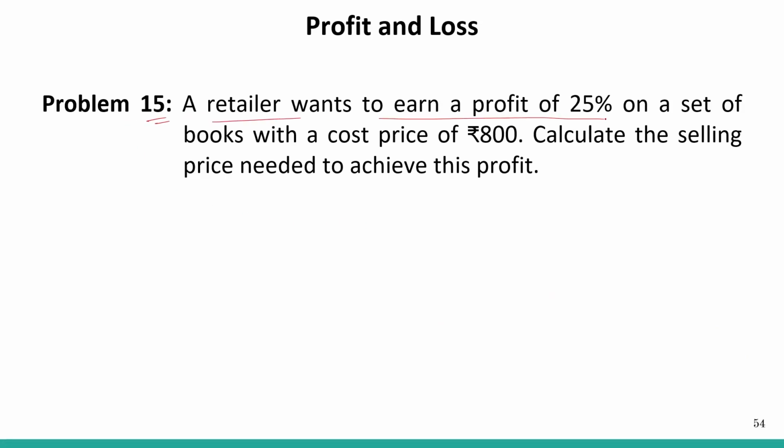A retailer wants to earn a profit of 25% on a set of books with a cost price of 800 rupees. So calculate the selling price needed to achieve this amount of profit. Okay, so since given that CP is equal to 800, okay, he wants to earn a 25%. So SP is equal to CP plus profit, right?